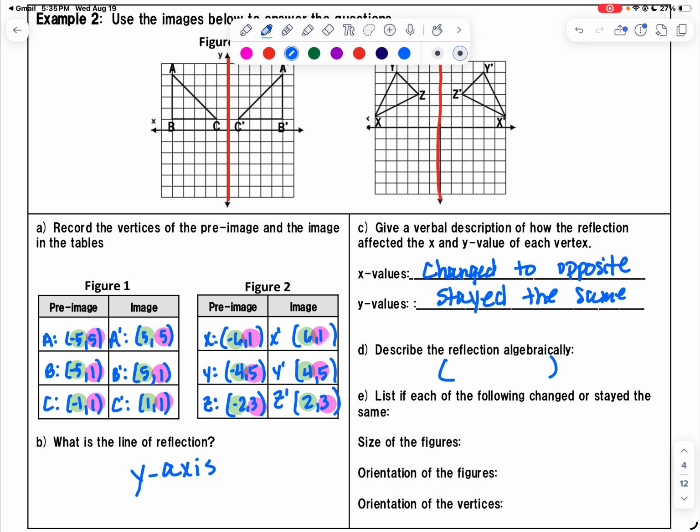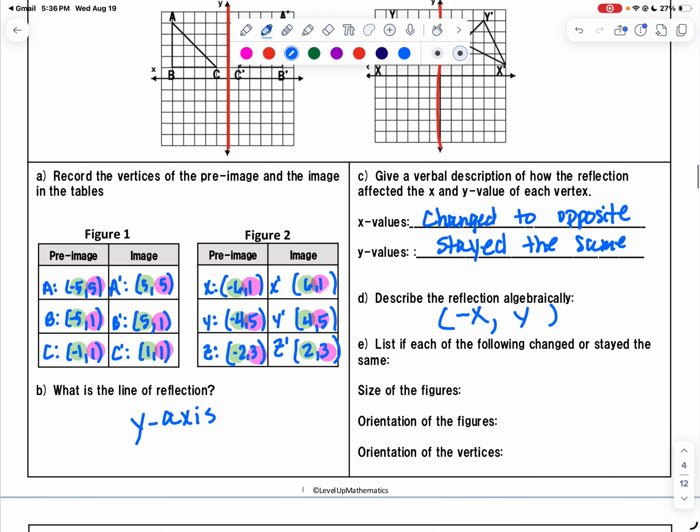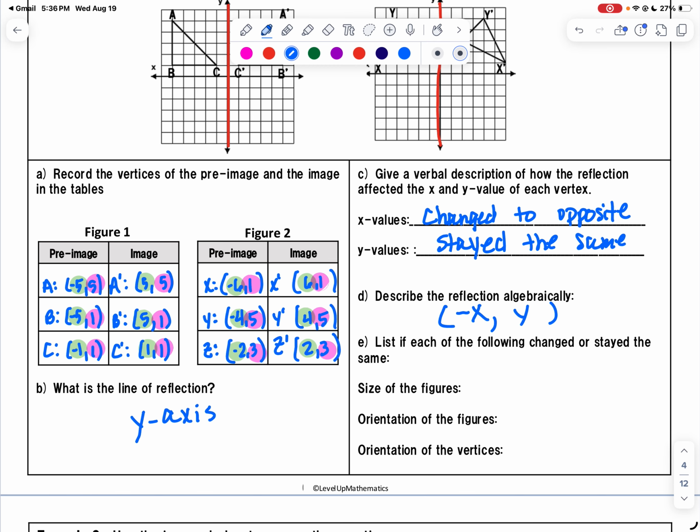X changed to the opposite, and the way we write that algebraically is opposite of x. Now, I know you're used to reading that as negative x, but in this case, the negative symbol stands for opposite. So this is the opposite of x, and the y stayed the same, so we just leave it as positive y.